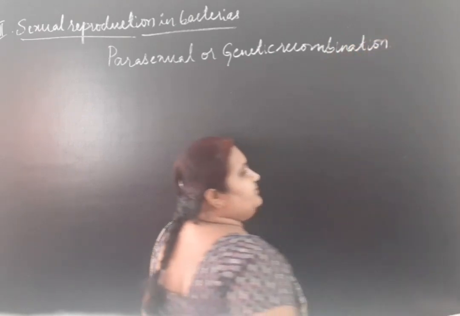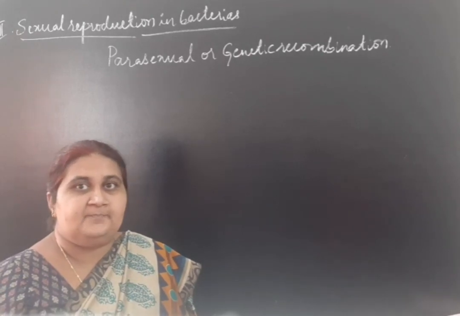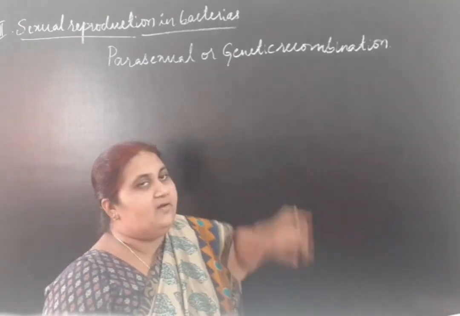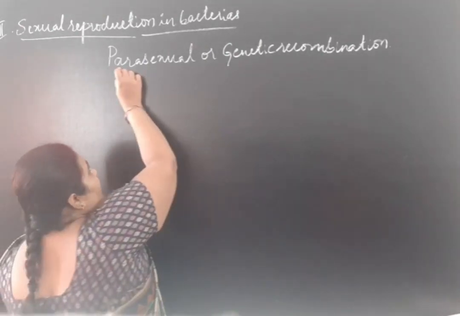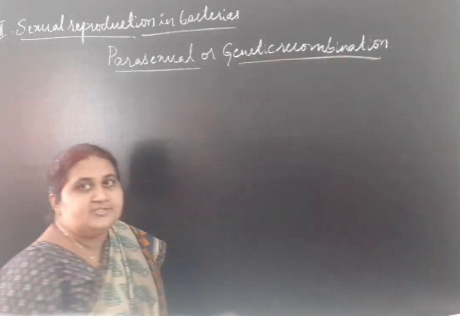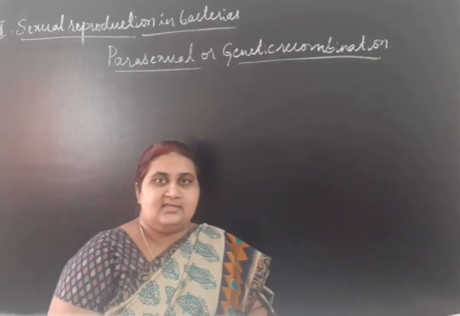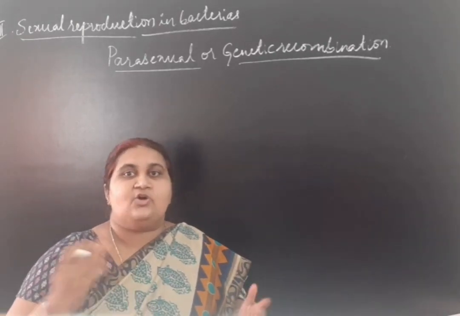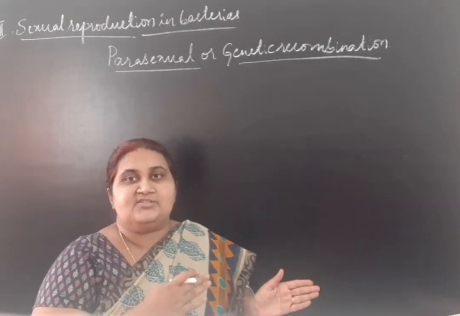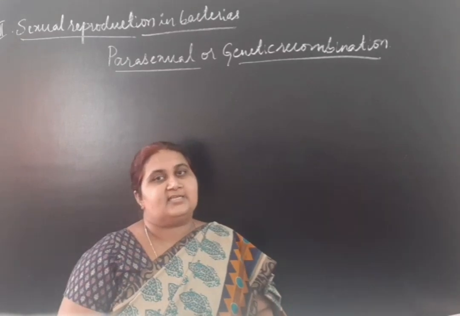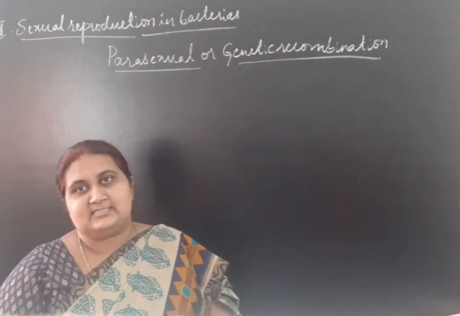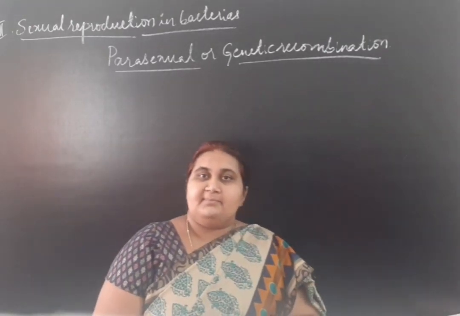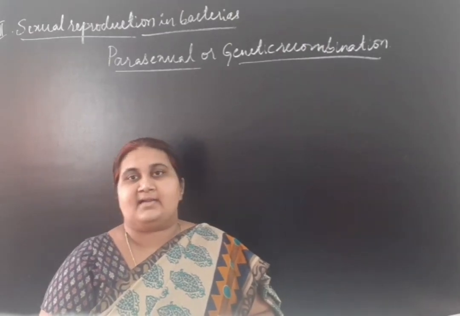Bacteria exhibit a primitive type of sexual reproduction, which is called either parasexuality or genetic recombination. Here in this method, there is a transfer of genetic material, the genes or the DNA, from one bacterial cell to another bacterial cell. It is a primitive type of reproduction seen in bacteria.